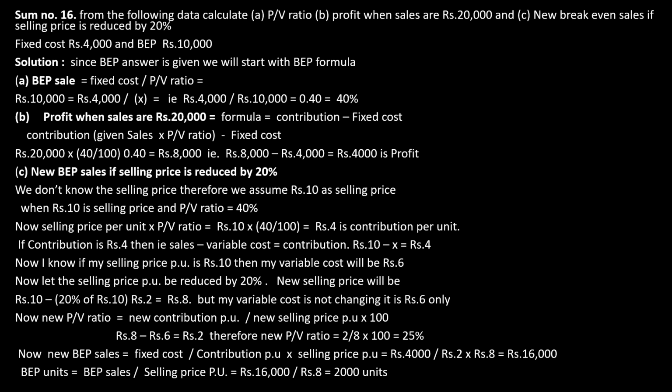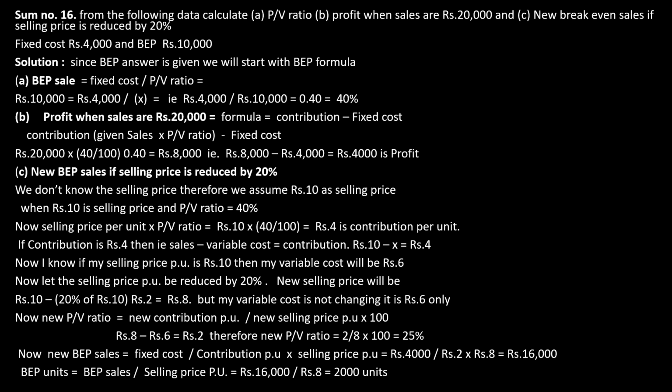So the other things are not going to be changed. My variable cost is going to be 6 rupees only. My fixed cost is going to be 4,000 only. There's no change in my variable cost or my fixed cost.